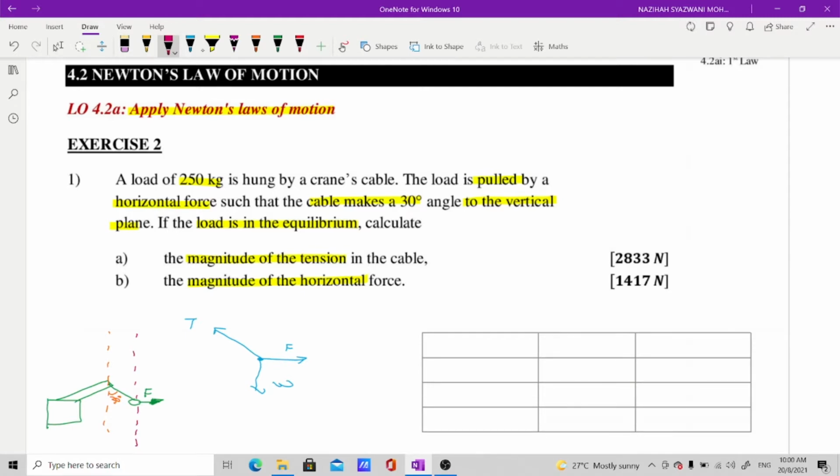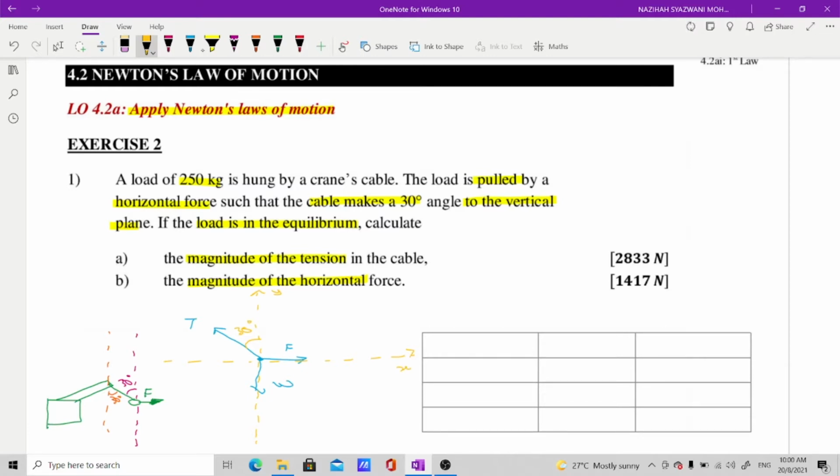These two y-axes are parallel, so if this one is 30-degree, this one would be 30-degree as well. Let's draw the axis for our free body diagram. This is your y, this is your x.